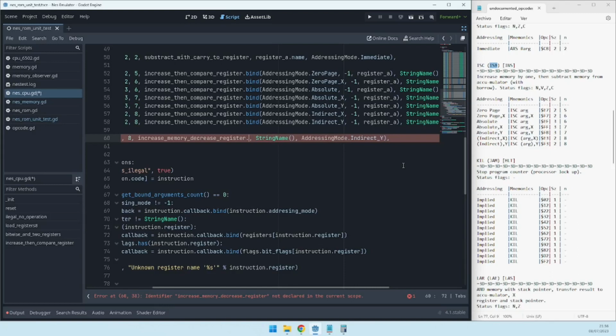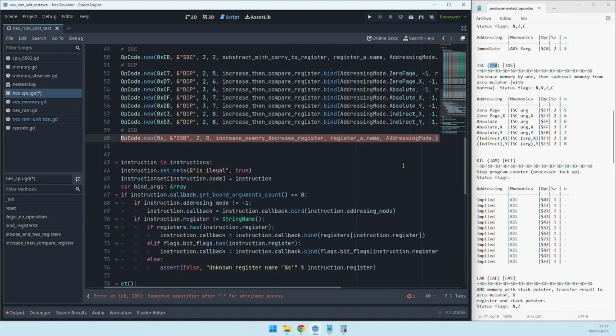Yes, we don't need binding, you can just use it this way: the name of the register A, and then the addressing mode. So let's duplicate this.